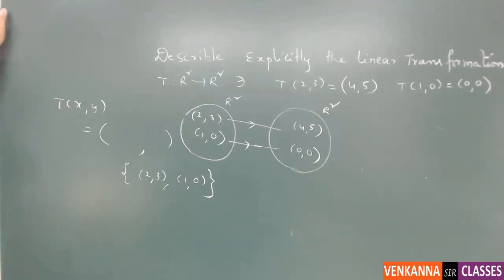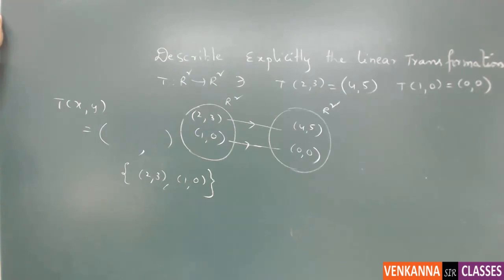T of (0,0) is always (0,0). That is by default. There is no need to define it separately. For every zero vector, if you apply T, you get the result as 0. Suppose you are defining the mapping from R square to R cube.